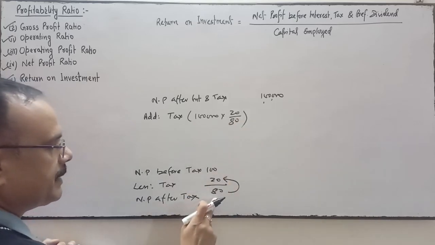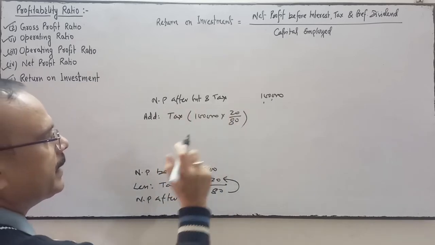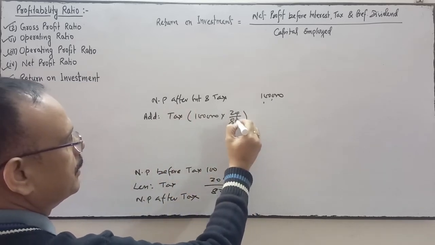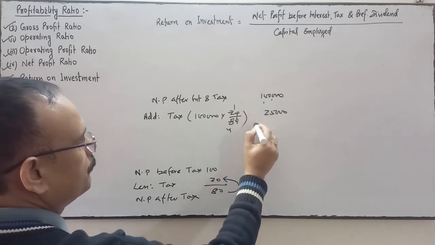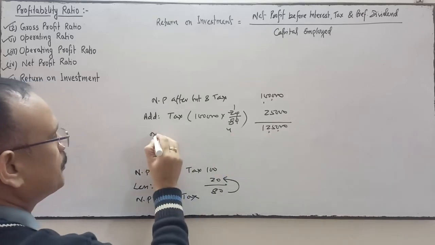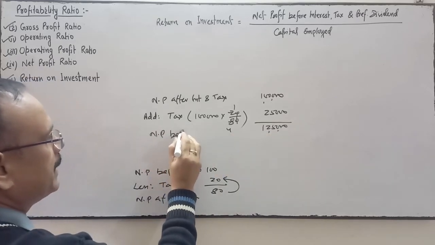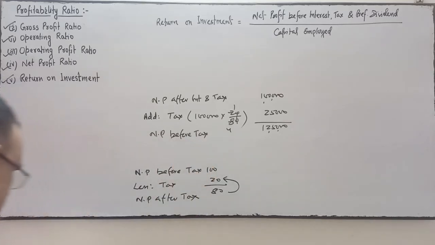When net profit after tax is 80, tax is 20. When net profit after tax is 1 lakh, how much is the tax? So 1 lakh into 20 upon 80, tax is 25,000. So we add the tax. This is net profit before tax.